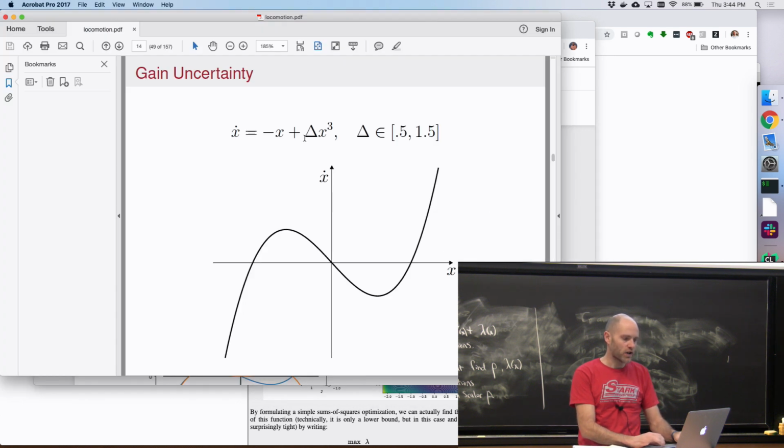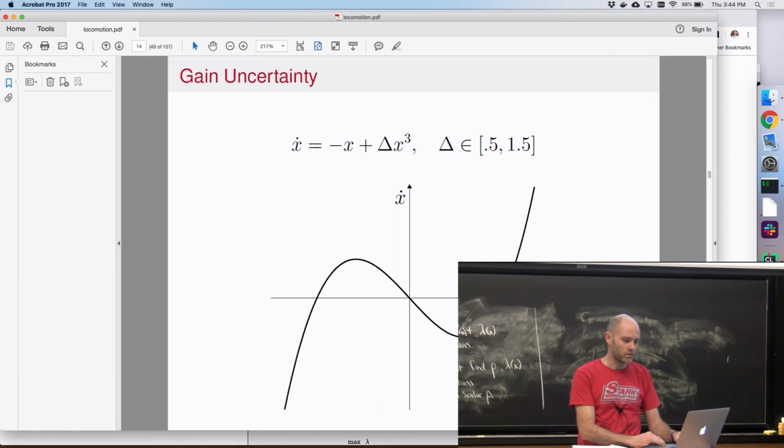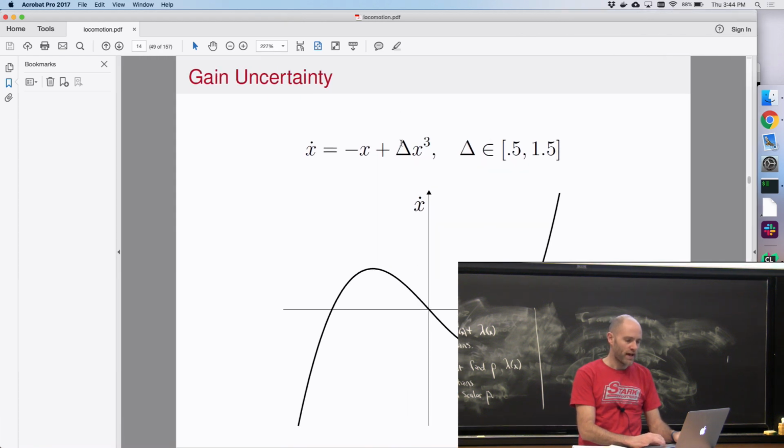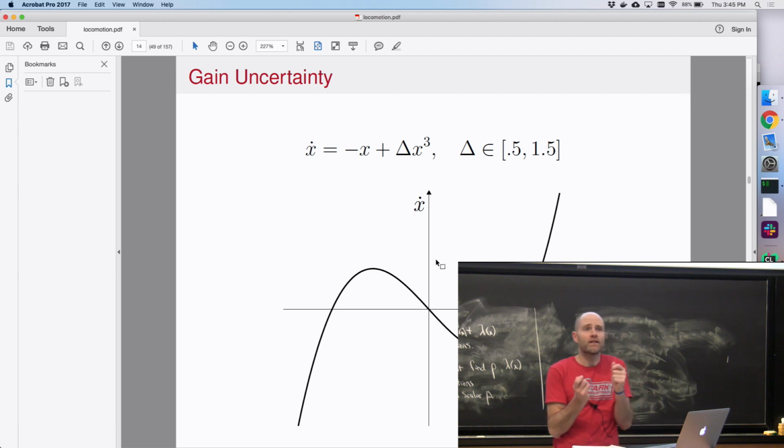What if I just had a coefficient on top of this that was uncertain? So I have a gain uncertainty here, and delta comes from some domain. Then what would I like to do? I'd like that certificate to hold for all delta in that region and for all x in that region.